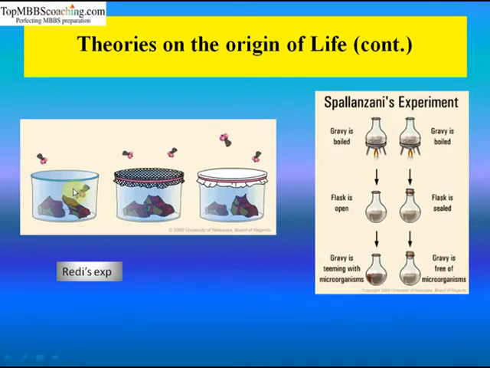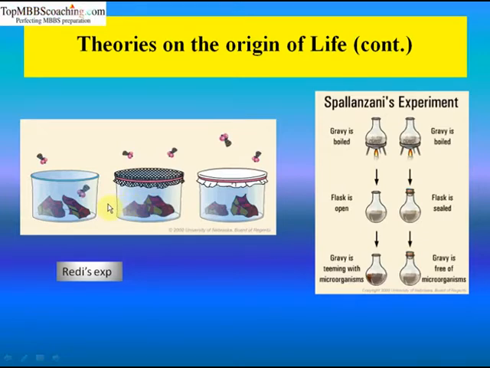First of all, Redi's experiment. In 1668, Francesco Redi designed a scientific experiment to test the spontaneous creation of maggots by placing fresh meat in each of two different jars. One jar was left open and the other was covered with a cloth.